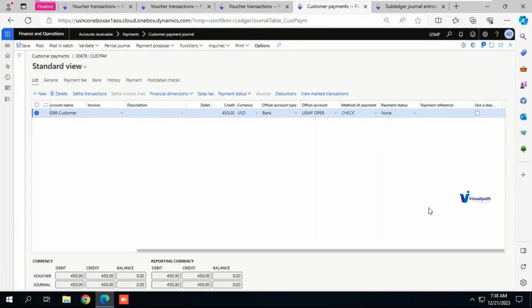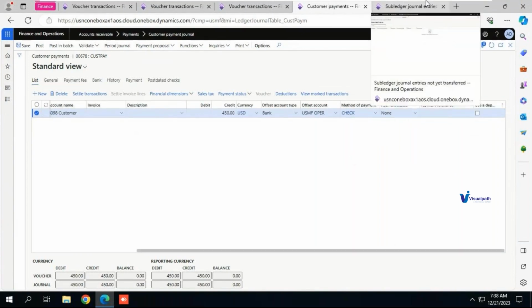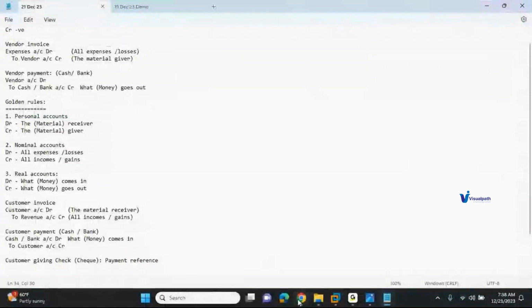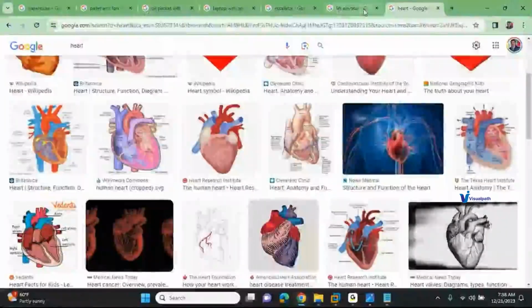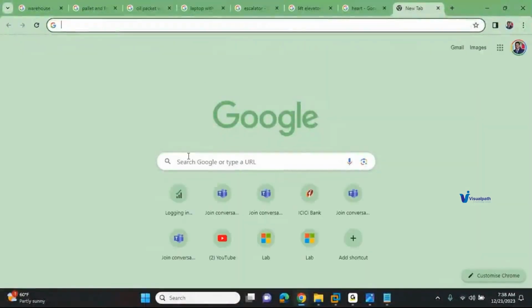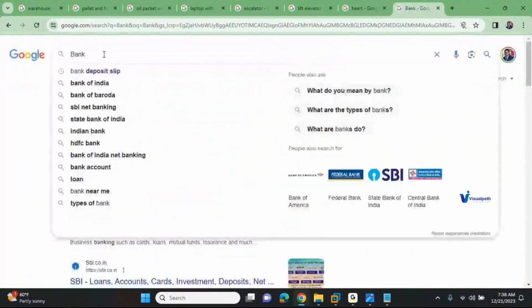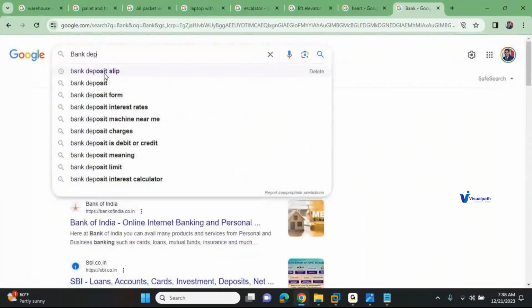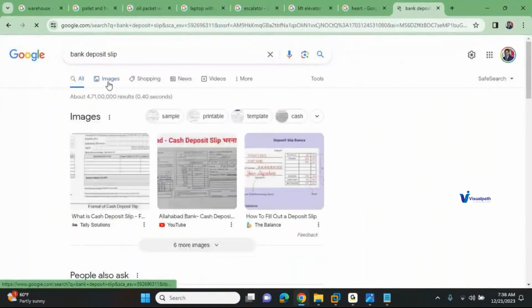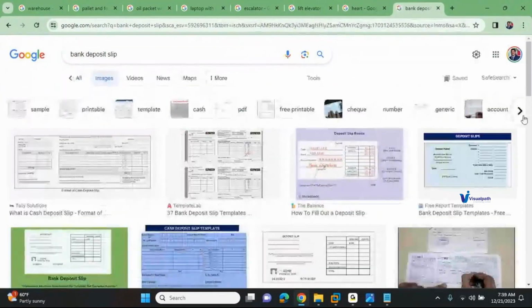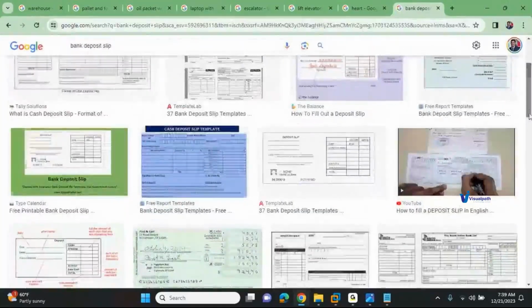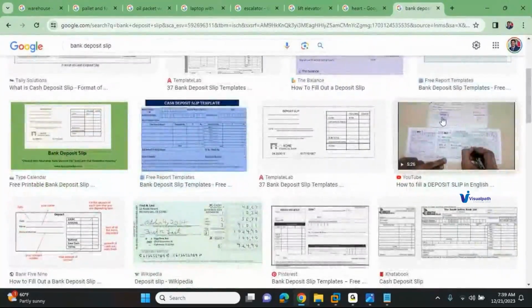So if you receive a check from your customer, then you need to go to the bank and take a slip. Whatever check you have received from your customer, you need to fill in the check details in the deposit slip form.